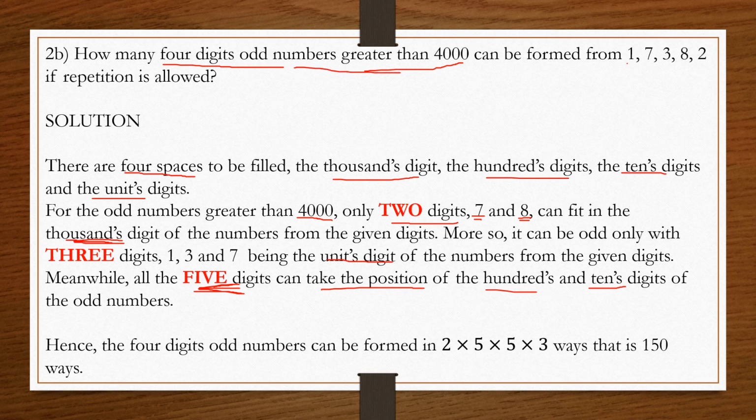So we need only odd numbers in the unit digit, and the odd numbers we have are 1, 3 and 7, just 3 odd numbers.